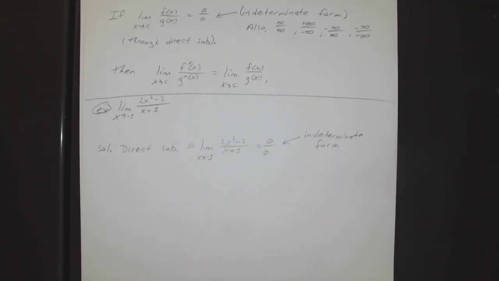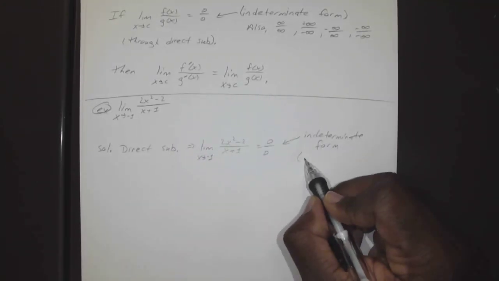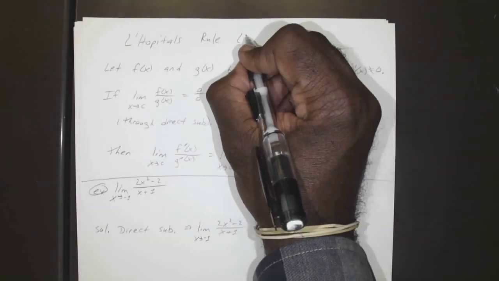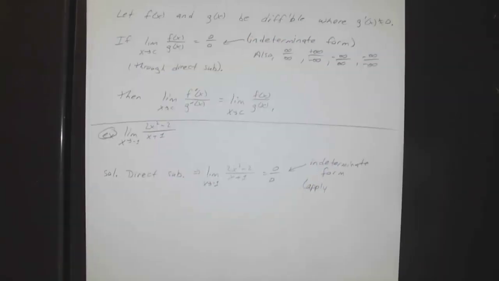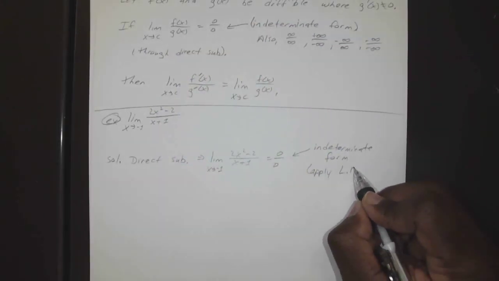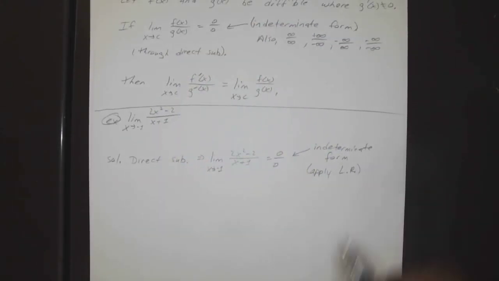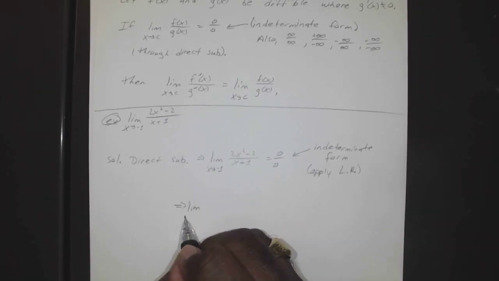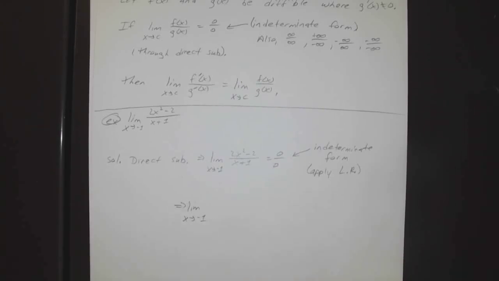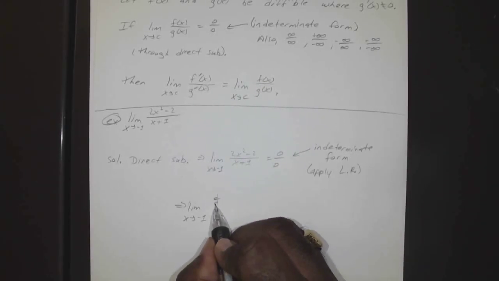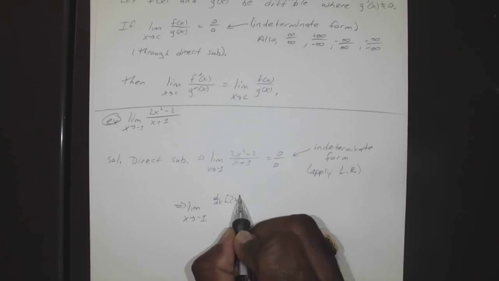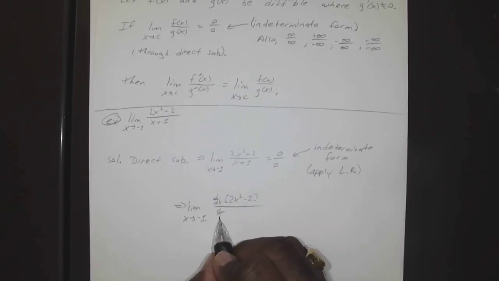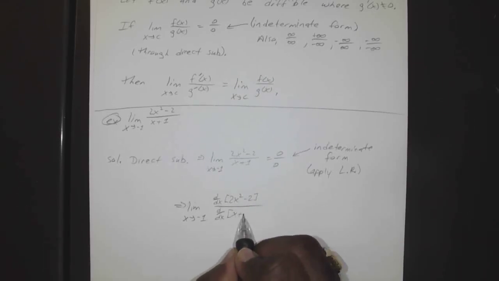Okay, so as long as we have one of those indeterminate forms, we can apply L'Hopital's rule. For the most part, you'll see me use LR instead of writing it over and over. So apply L'Hopital's rule. That means you have the limit as x approaches negative 1 of the derivative of your numerator over the derivative of your denominator.